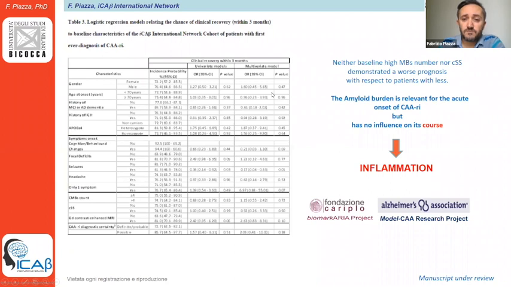And this means that the amyloid burden remains relevant as a risk factor for the occurrence of CAA-ri, but what is governing the prognosis, so the history of the disease after the first event, is probably mainly related to inflammation, so to the inflammatory and autoimmune processes that are governing CAA-ri after the occurrence of the disease.